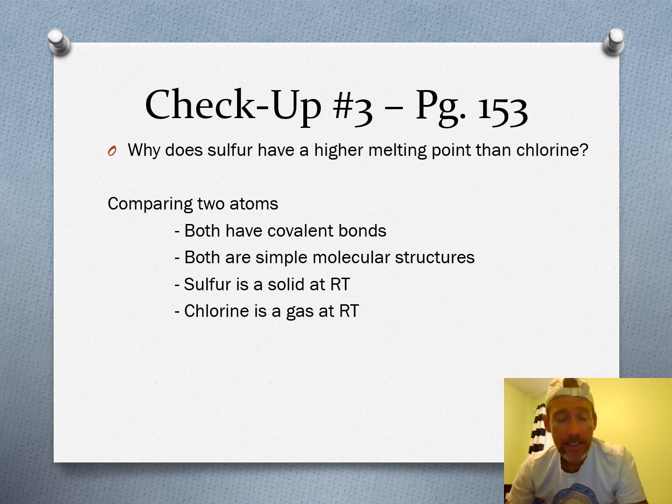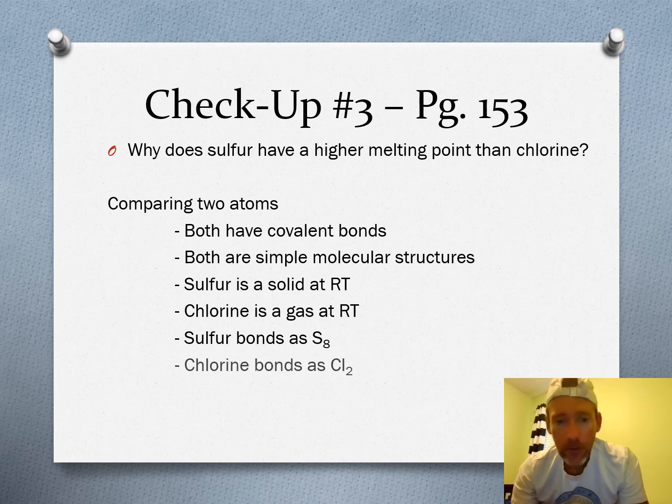So you're looking at intermolecular forces. Sulfur has bonds with 8, so actually 8 atoms around when sulfur forms a molecule, where chlorine is diatomic, it forms 2 chlorine atoms.